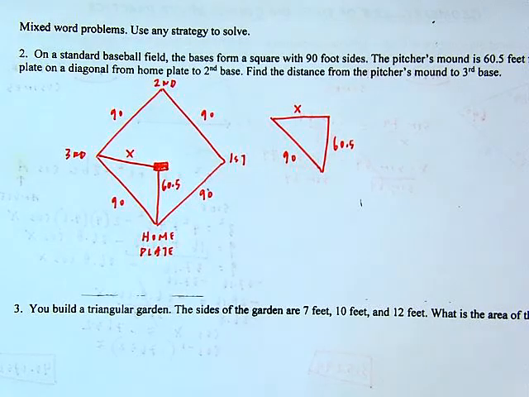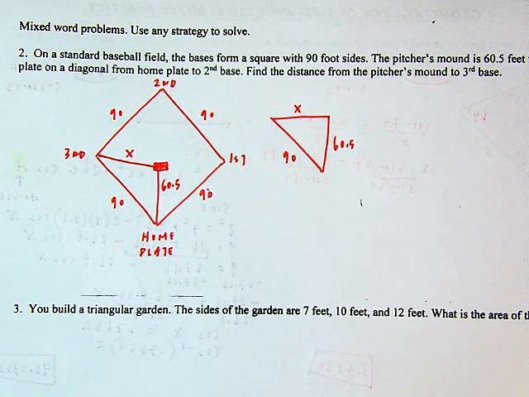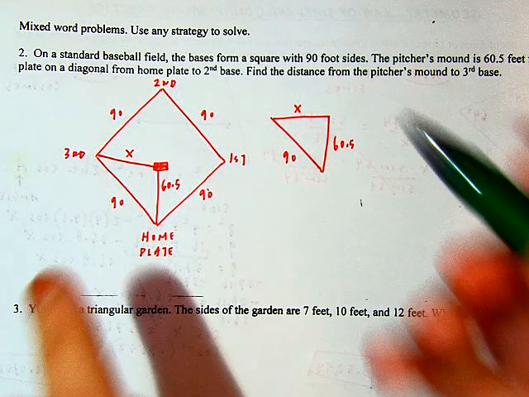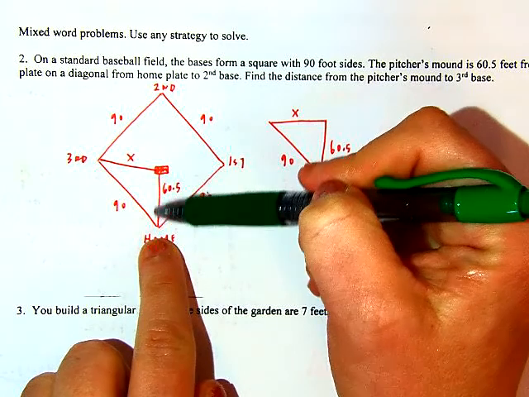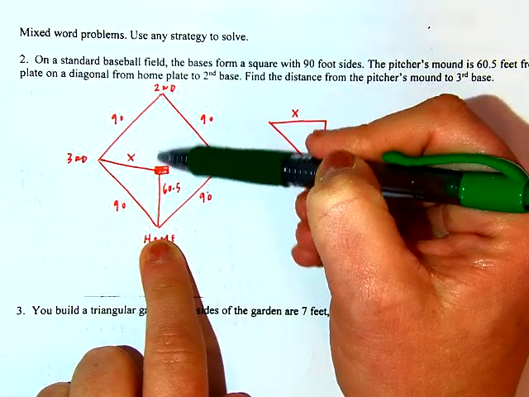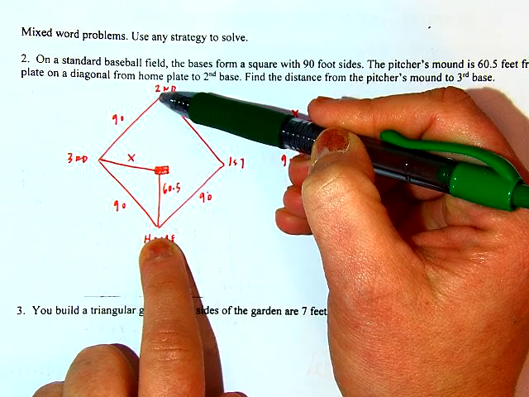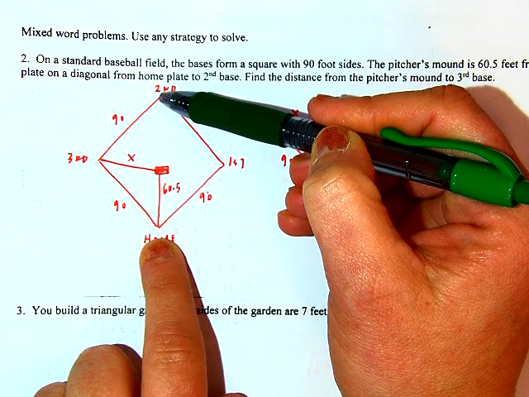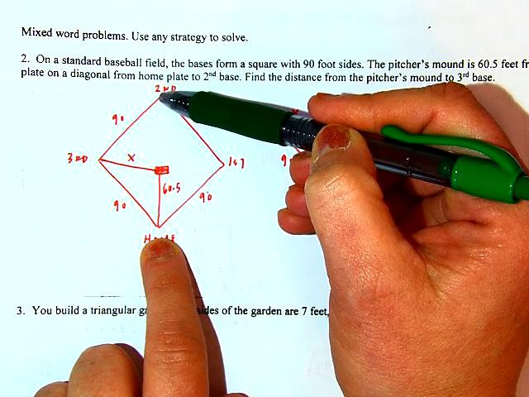Now I need an angle. I know I need an angle, and I'm not explicitly given one, but I should know what one is. So if it's a square, I should know that all of my angles are right angles. And if I'm looking at this pathway from home plate to second base right here, I'm really splitting my square into two congruent 45-45-90 triangles.